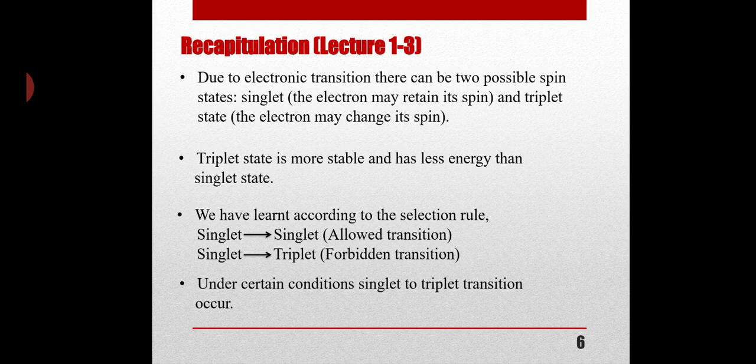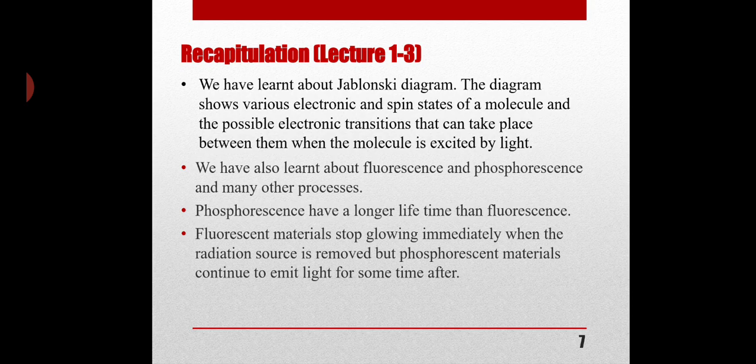Singlet to singlet transition is an allowed transition and singlet to triplet is a forbidden transition, but under certain circumstances it occurs. We have also learned from the Jablonski diagram all the possible electronic and spin state transitions in a molecule which is excited by light. We have seen that phosphorescence has a longer lifetime than fluorescence.